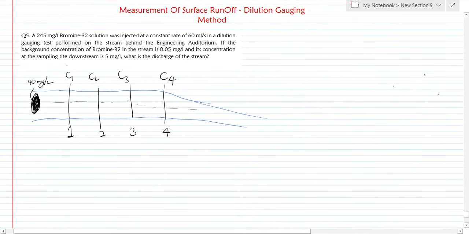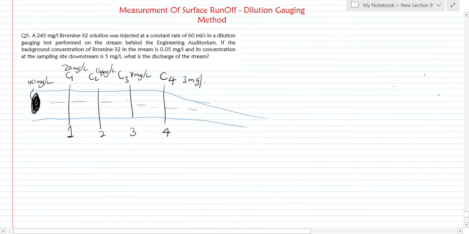After putting it at this point, the concentration was 20 milligrams per liter. At the next point, it was 15 milligrams per liter. At the next, 7 milligrams per liter, and at this point, 3 milligrams per liter.